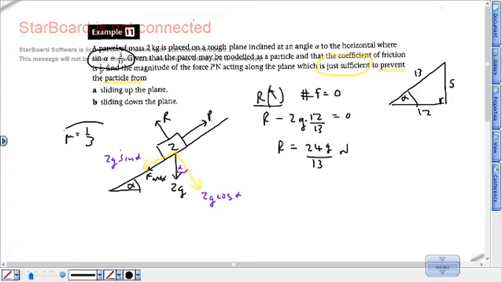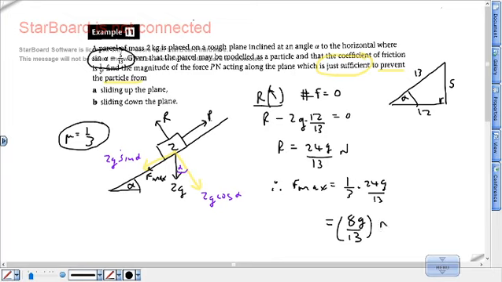We're told that mu is equal to 1/3, so F max is equal to mu R, which is 1/3 multiplied by 24g over 13. A third of 24 gives you 8, so it is 8g over 13 newtons. That's what we get as our F max.